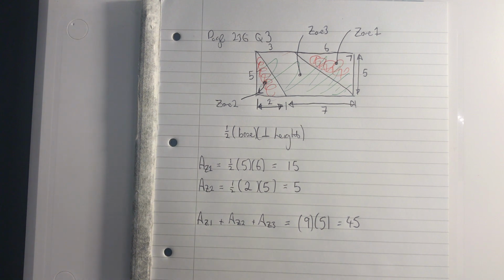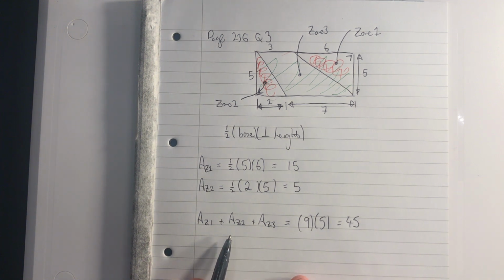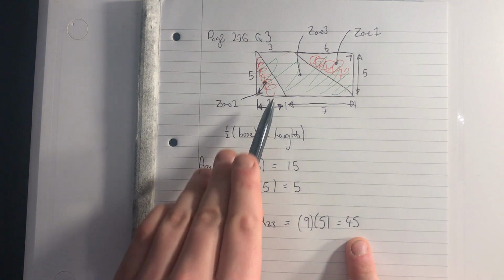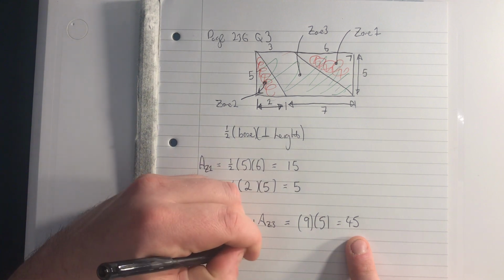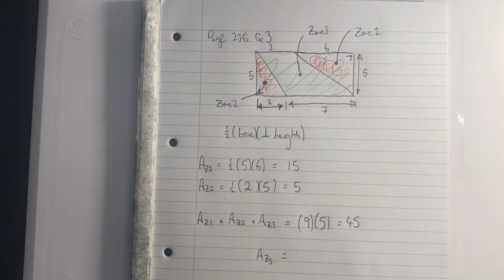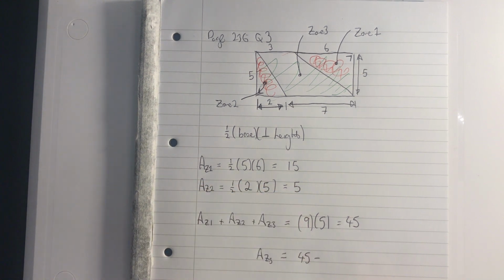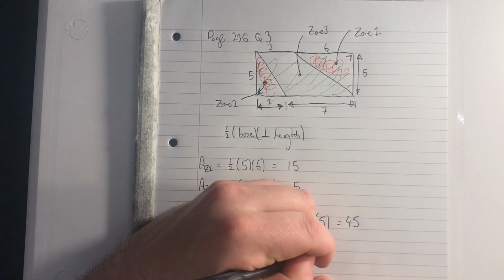And now from this, I can subtract. So these 3 areas total 45, but I only want Z3. So I'm going to go 45 minus the area of zone 1, which is 15.